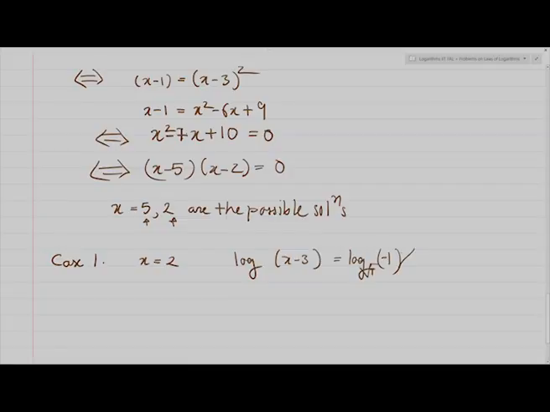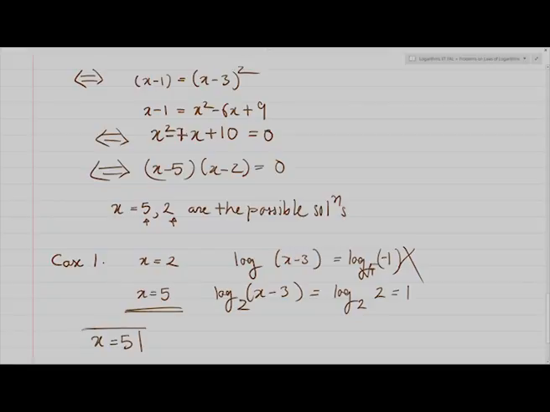So this is chucked out, and x is equal to 5 is, let us say, log of x minus 3 to the base 2. So this is again equal to log, it's 5 minus 3 to the base 2 of 2, which is equal to 1. Therefore x is equal to 5 satisfies the equation, and x is equal to 5 is the only possible solution of this problem.